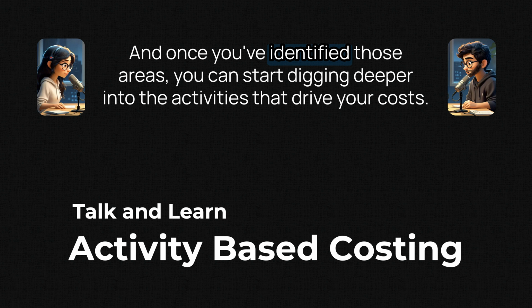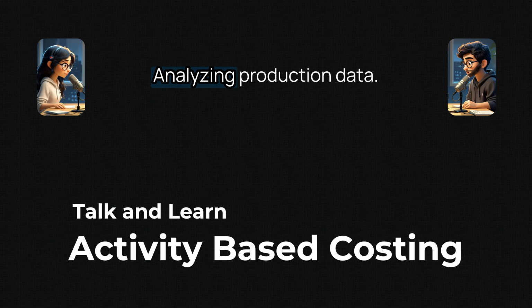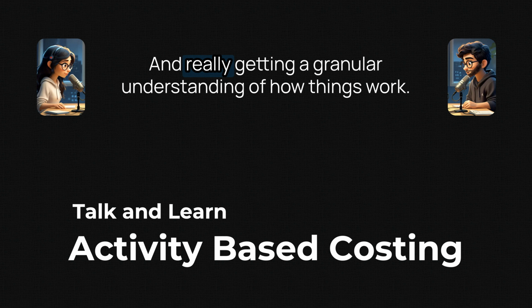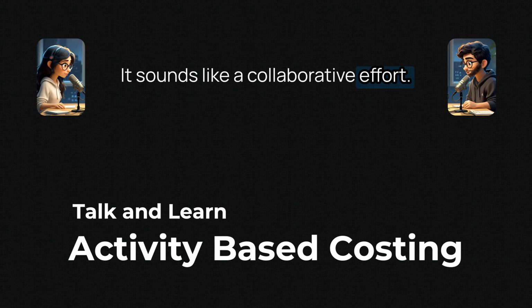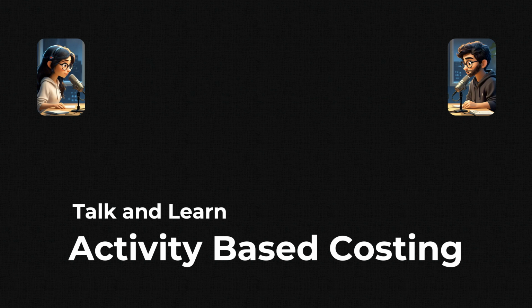And once you've identified those areas, you can start digging deeper into the activities that drive your costs. This might involve talking to people on the shop floor, analyzing production data, and really getting a granular understanding of how things work. It sounds like a collaborative effort involving not just the finance folks, but also operations, production, even sales and marketing.